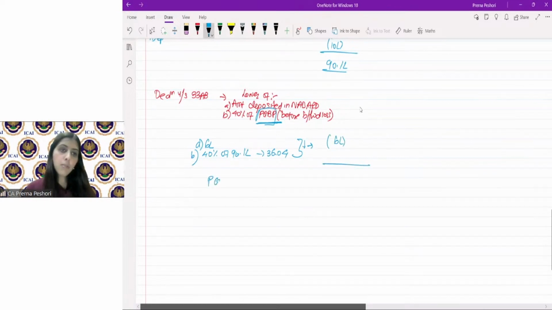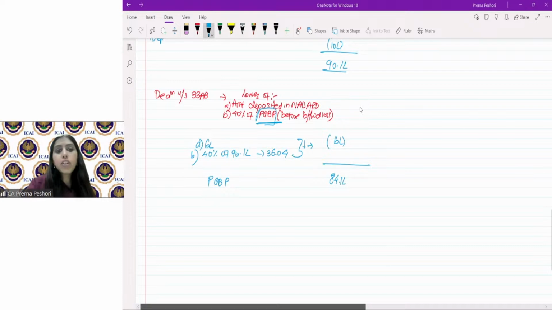So my PGBP will be how much? 90.1 minus 6 lakh. This will be 84.1 lakh. Now, out of this 84.1 lakh, there will be the agricultural income as well as the normal income.